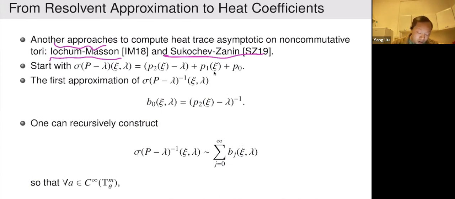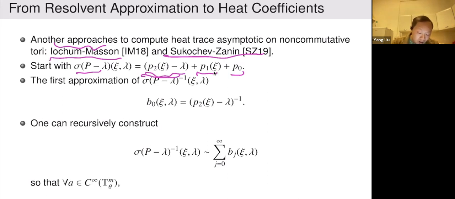To get to the heat coefficients, we start with the symbol of our second order differential operators. Here is the leading term, here is the degree 2 term in psi, here is the degree 1 term, and here is the degree 0 term. Here lambda is the resolvent operator. It is sort of a symbol of degree 2, that's why I matched it with the leading term here.